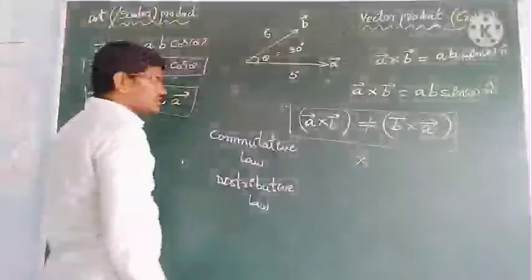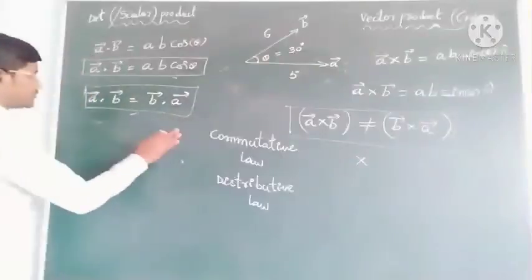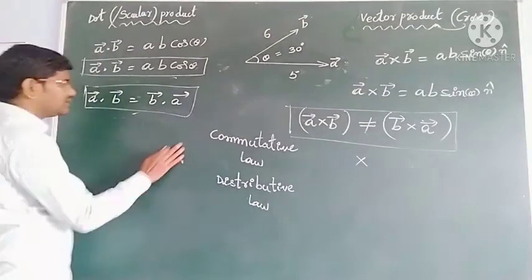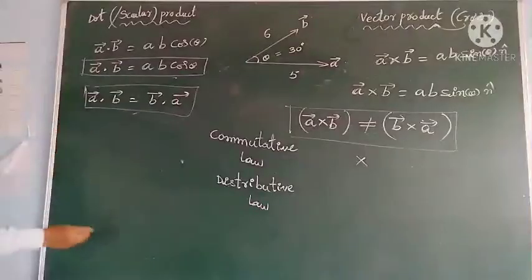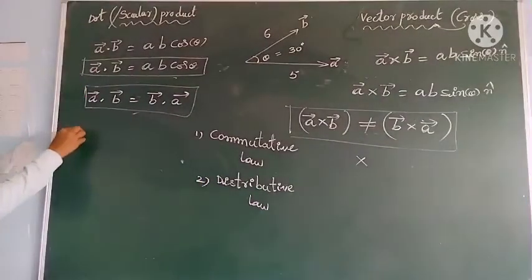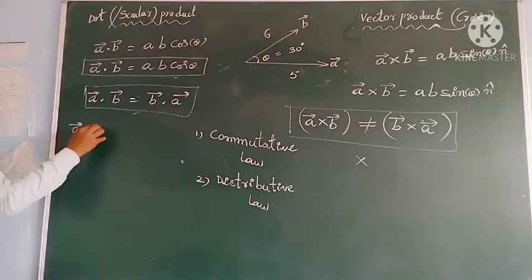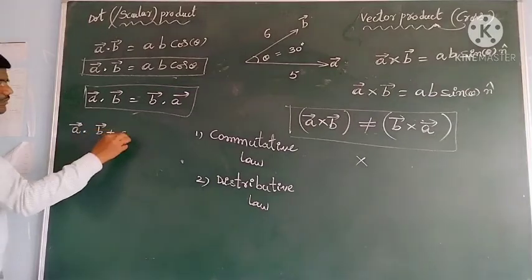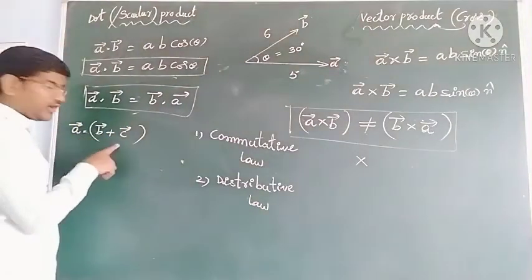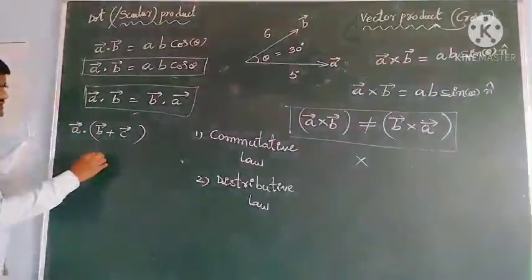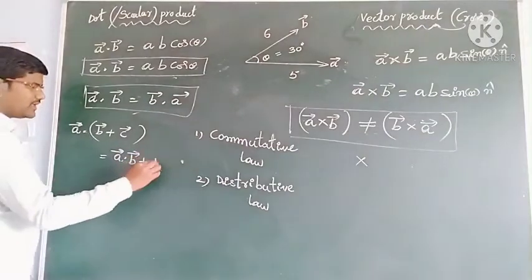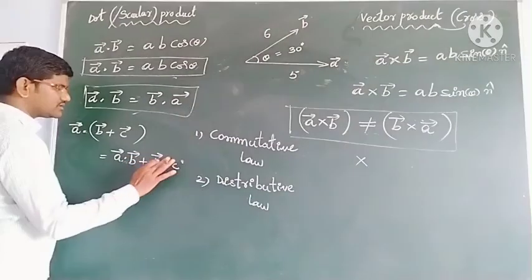So what is the distributive law, students? The distributive law for the sum of vectors. In the dot product we check the distributive law. A bar dot B bar plus C bar is the same as A bar dot B bar plus A bar dot C bar.